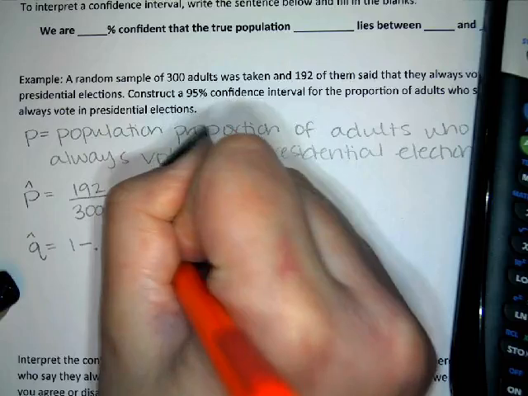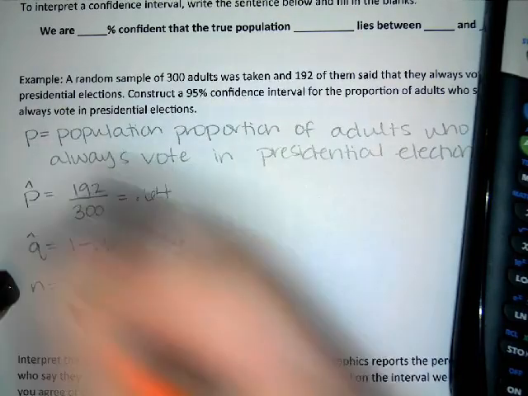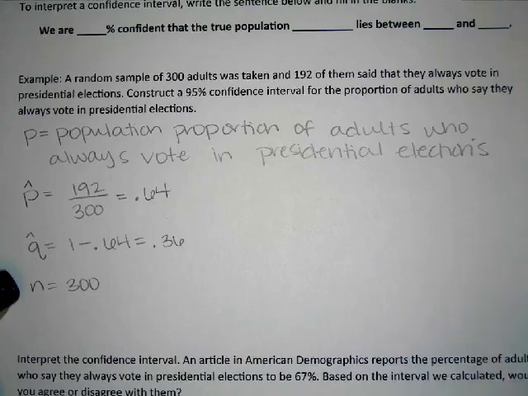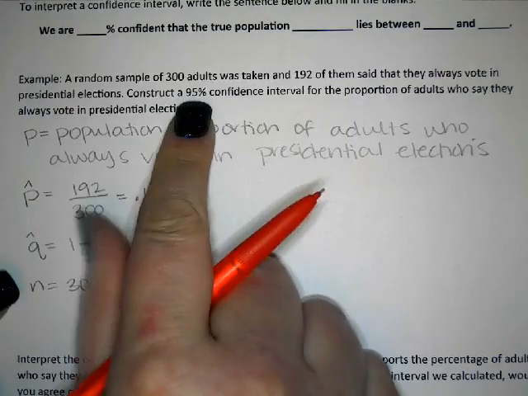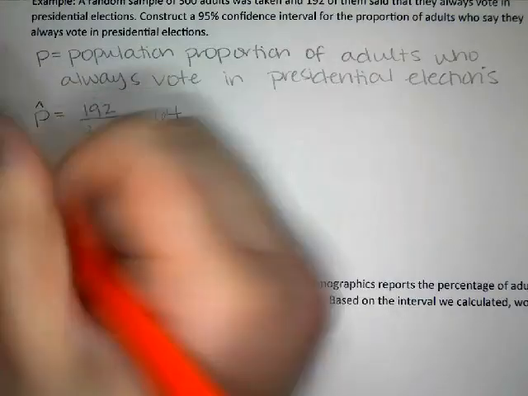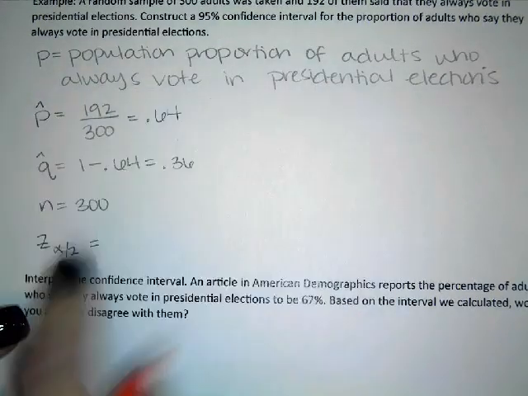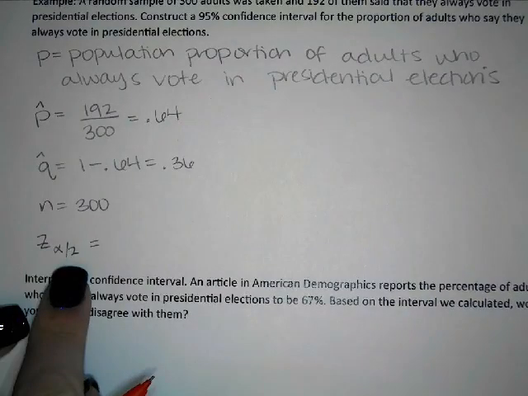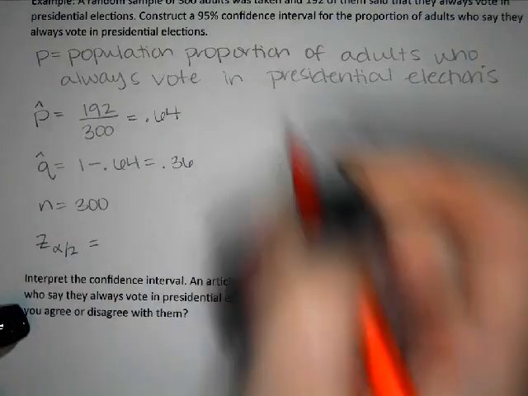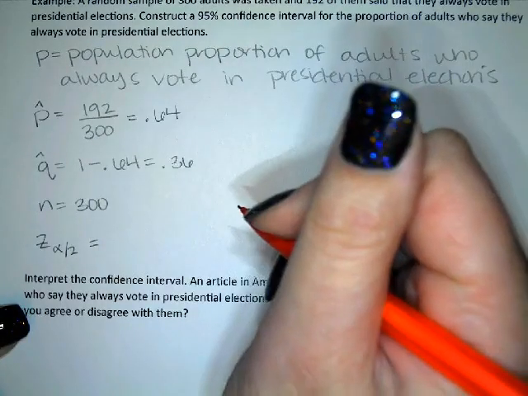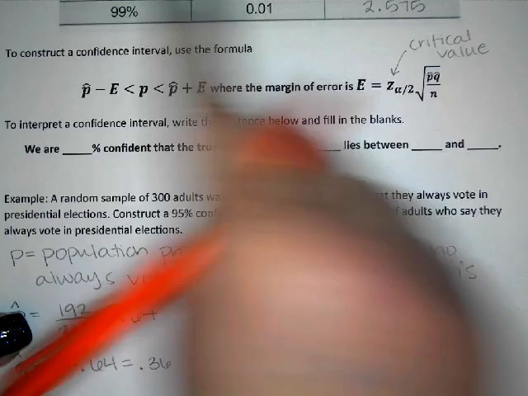And I have the number of trials, 300. Okay. It says to construct a 95% confidence interval. So my critical number, or Z sub alpha divided by 2, for 95%, is 1.96.